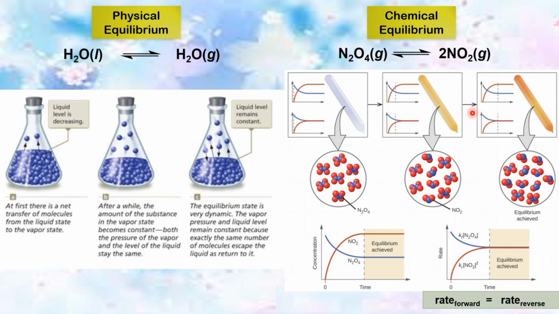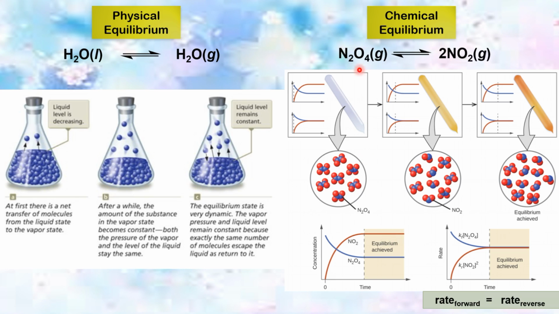Then after a few moments, the color becomes dark brown to show that more NO2 has been formed. Then when the reaction continues further, we can see that the dark brown has no change, which means the system has already achieved equilibrium.